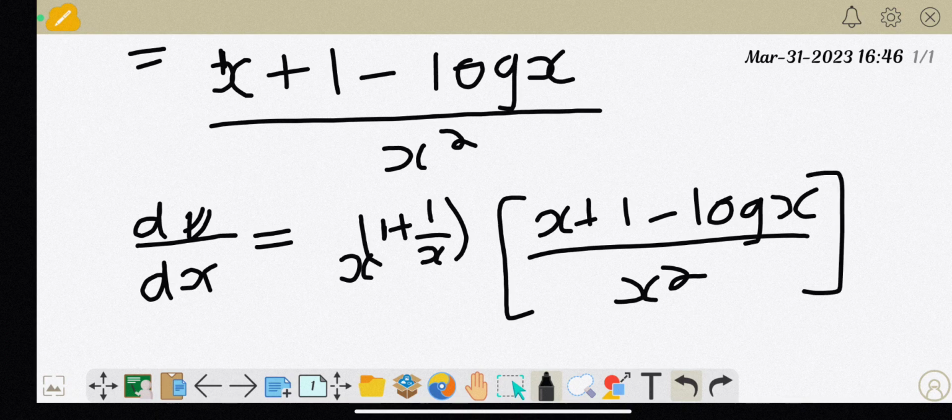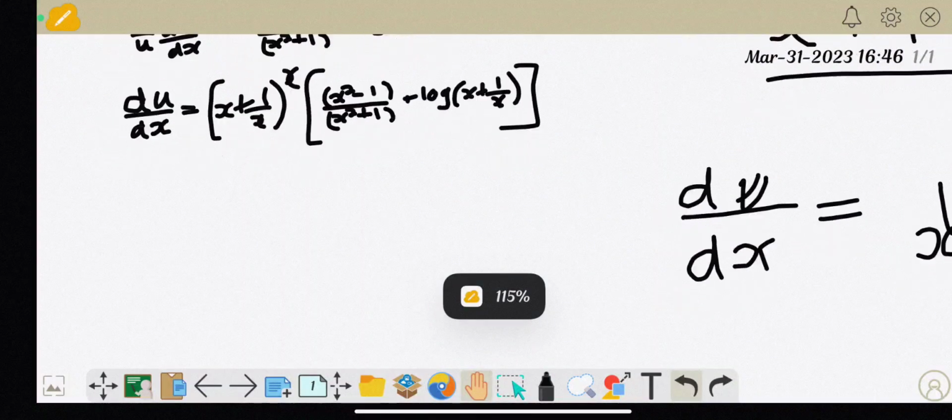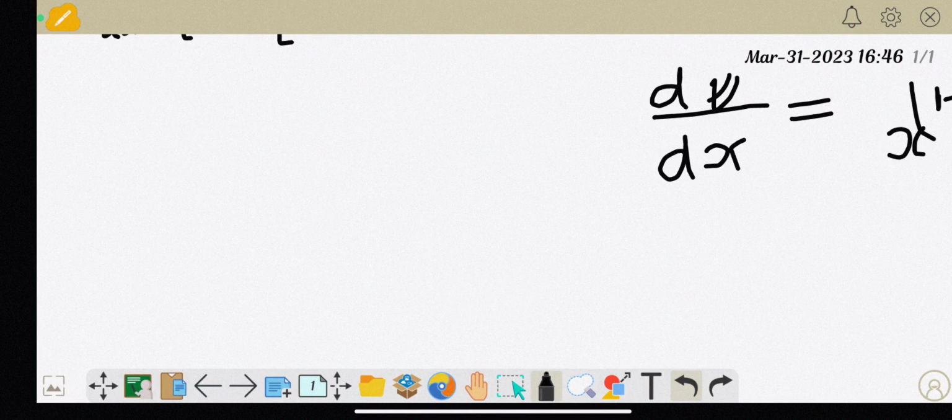So now we know what is v, we know what is u, correct. So dy by dx is equal to the sum of those two terms.